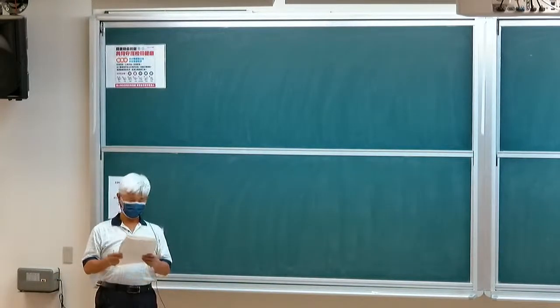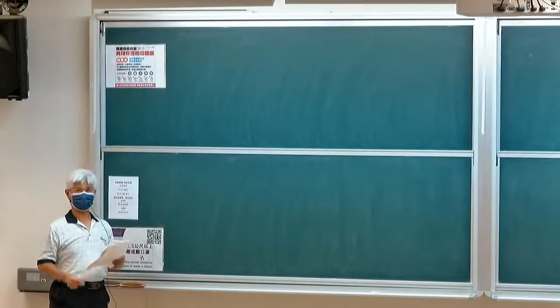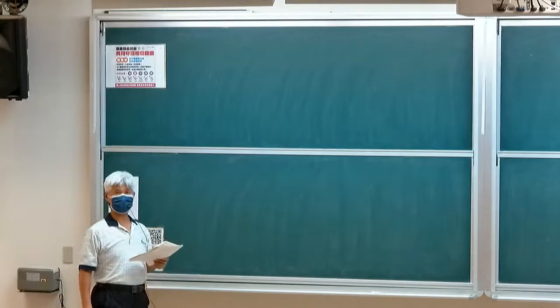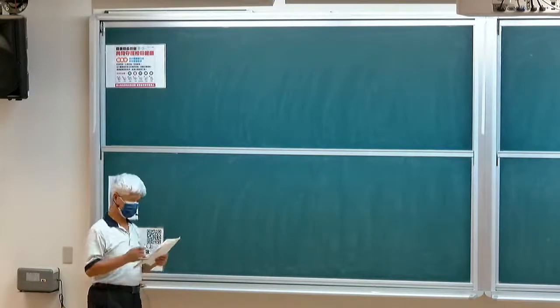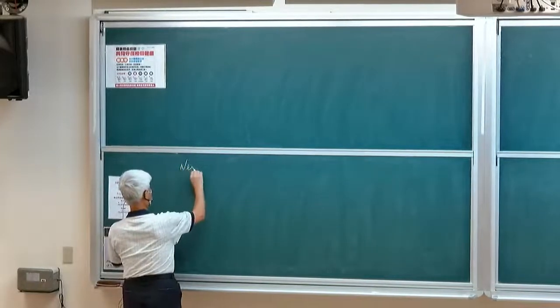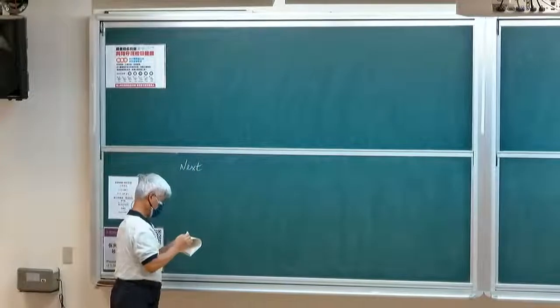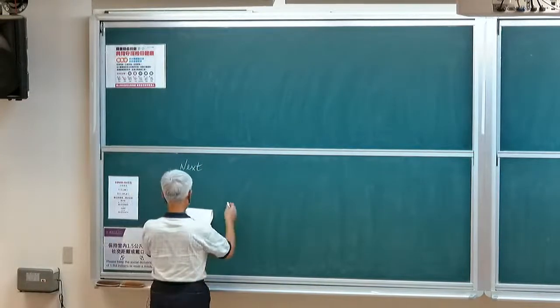Okay, so last week we talked about conditional expectation between two discrete random variables. So we will consider two jointly absolutely continuous random variables today.